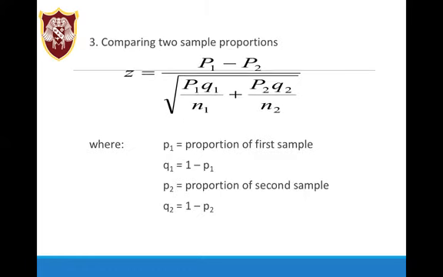And then this one is the last formula under the z-test. This is used when comparing two sample proportions, wherein z is equal to the difference of the two proportions, p sub 1 and p sub 2, divided by the square root of p sub 1 times q sub 1 divided by n sub 1 plus p sub 2 times q sub 2 divided by n sub 2, wherein q sub 1 is 1 minus p sub 1 and q sub 2 is 1 minus p sub 2.